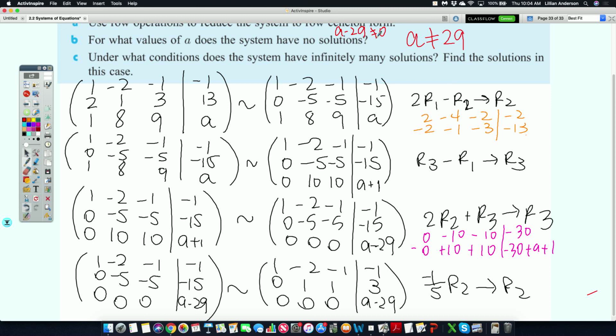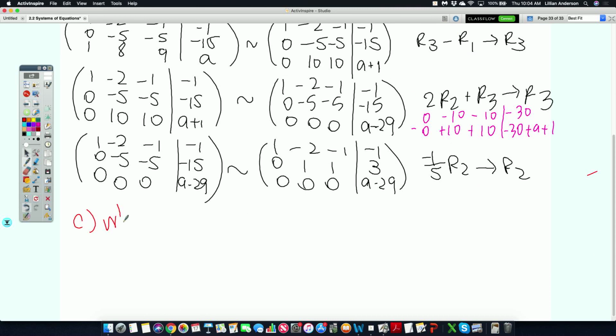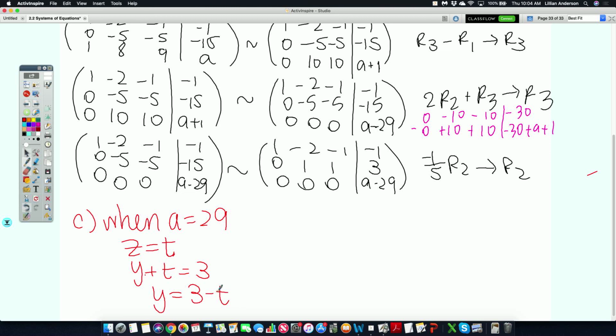And then Z equals T, Y equals 3 minus T. Then we would use that equation here: Y minus T equals 3 plus T. So then 3 minus T, or negative T plus 3. And then X equals 5 minus T.